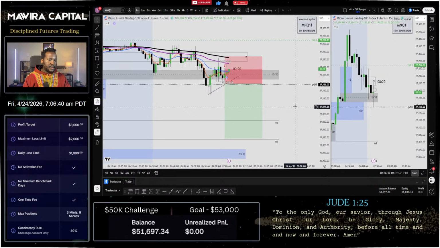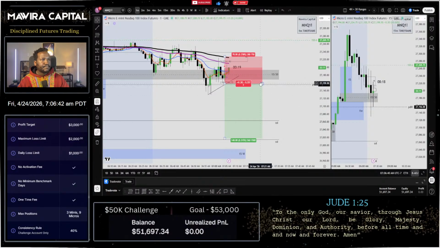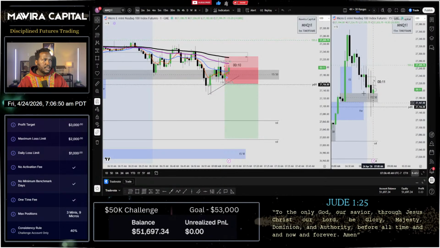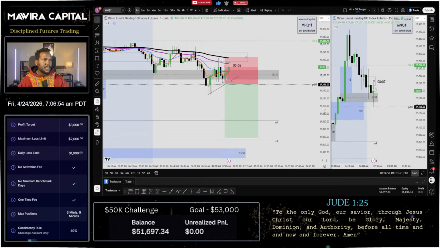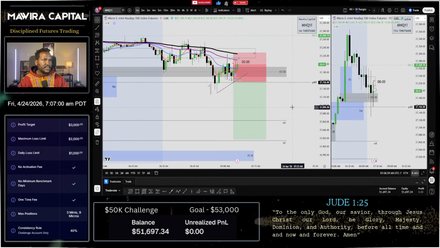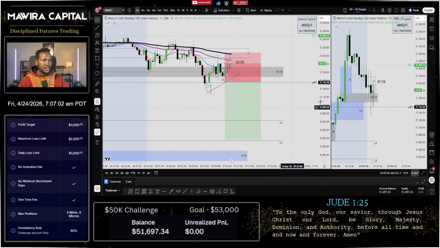What did I do? That was a mistake, and it's okay. Got a little bit greedy. Should have waited for a closure below this zone here, and I think we could have had a better trade. So this one I've closed early, never done that in 52 days of my trading.